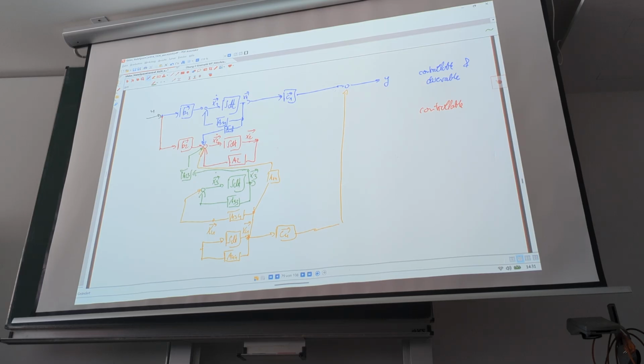The green part is nothing, right? Neither observable nor controllable, and the orange part is observable. I'm not writing the colors in here, it's on the previous slide, but from a graphical description of a signal flow graph, you can directly see why this is the case.